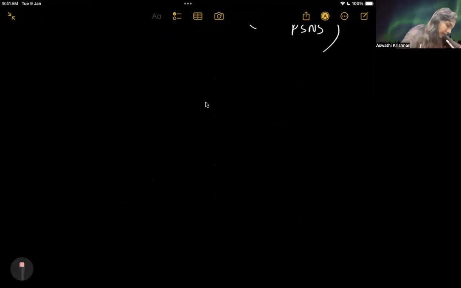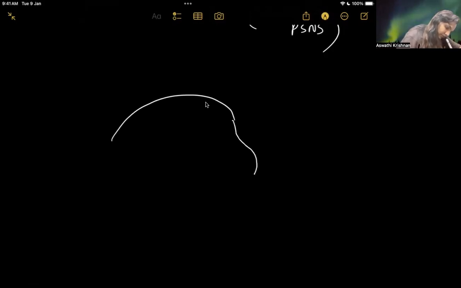So this is what an eyeball looks like. So I'm making an eyeball.